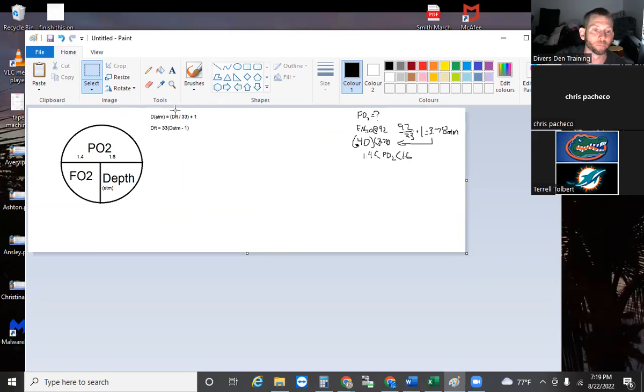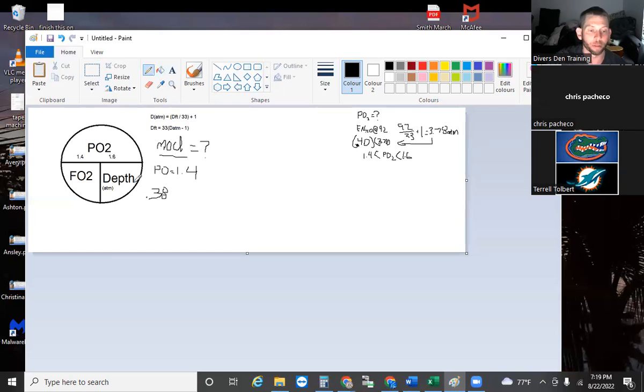Now let's say I wanted to find my MOD. I've got a PO2 I want to plan for of 1.4, and the gas I'm breathing is EAN 38, so my fraction of oxygen is 0.38.